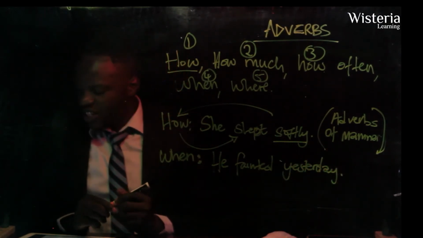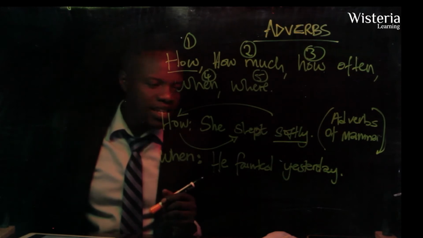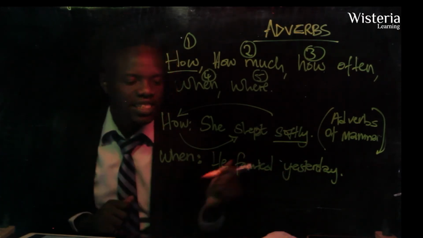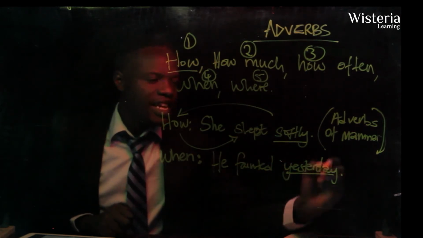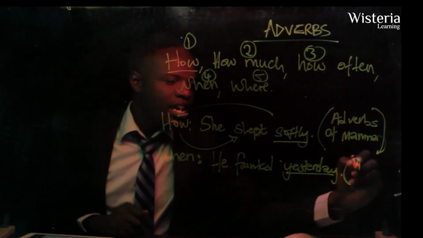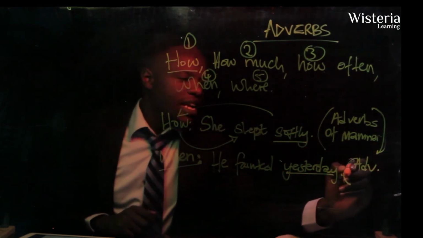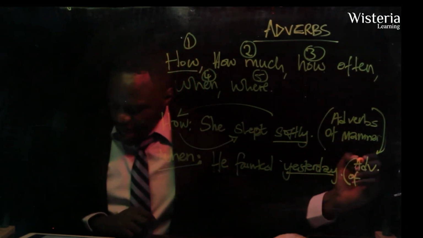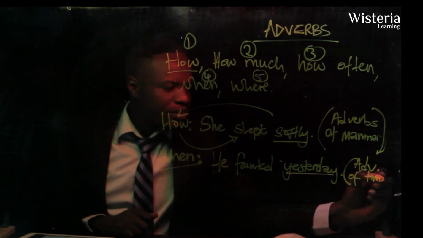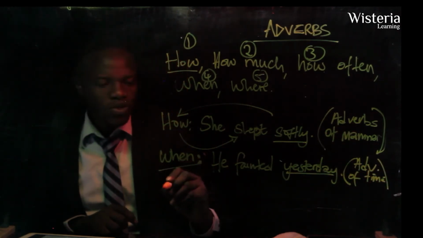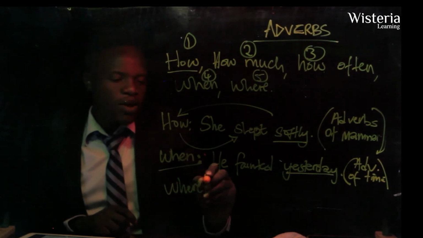Okay, the question then that we can answer regarding this: when did he faint? He fainted yesterday. That makes yesterday and any word that answers the when question an adverb of time. We can look at also others like where.